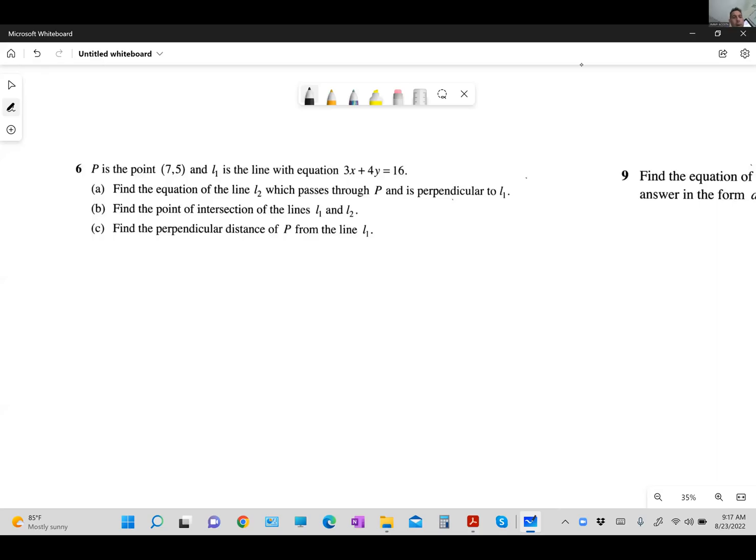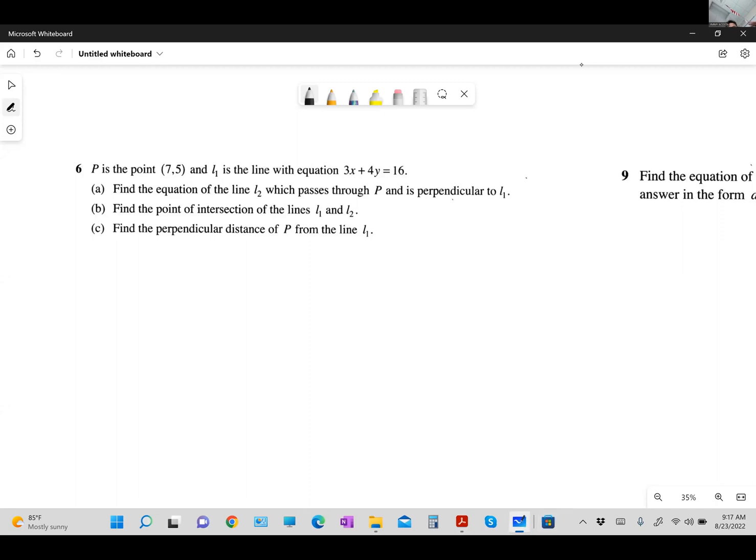All right, so it says P is the point (7, 5) and L1 is the line with equation 3x plus 4y equals 16. Then it says find the equation of line 2, which passes through P and is perpendicular to L1.